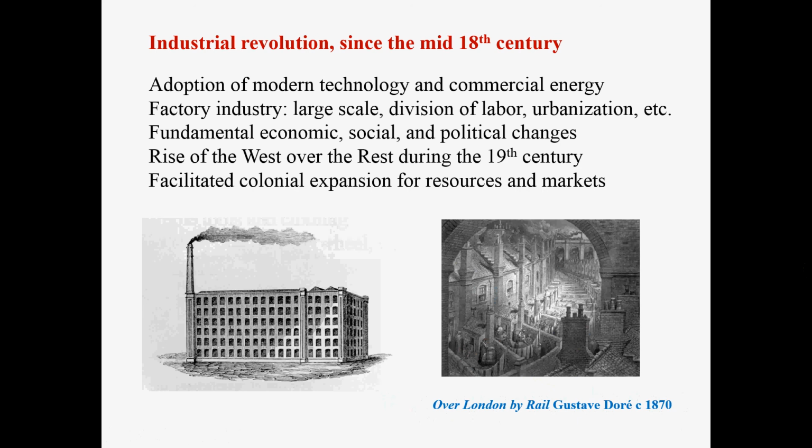In the picture you can see a working class home, very cramped, with small backyards, and you can see the air was polluted, and there's also a train running through the railway in the background. So that picture depicts the quality of life, the whole landscape, as a result of the industrial revolution.